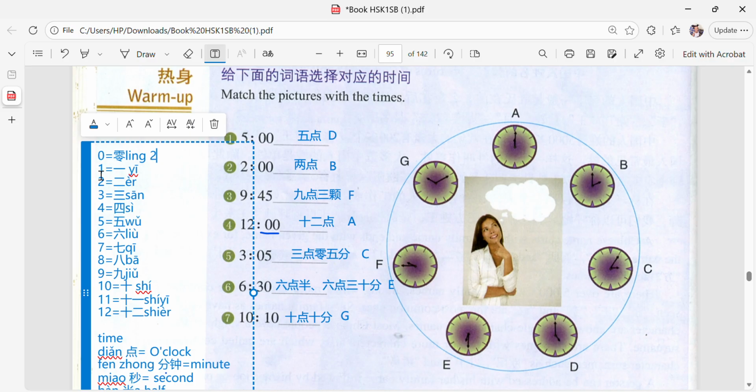Then one is E, okay? One is E, and E is a first tone, just like you see. E1. 2 is R, and R is a fourth tone. I want you guys to familiarize yourselves with these tones because it is very important at this beginner's level.